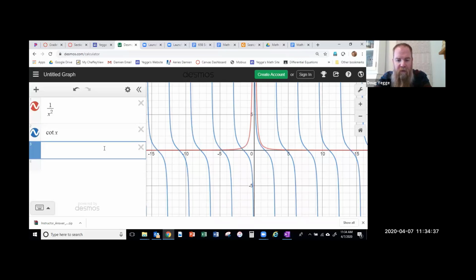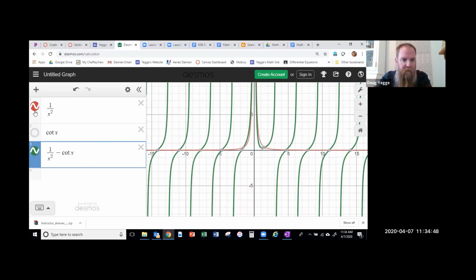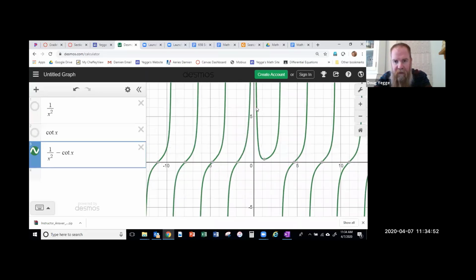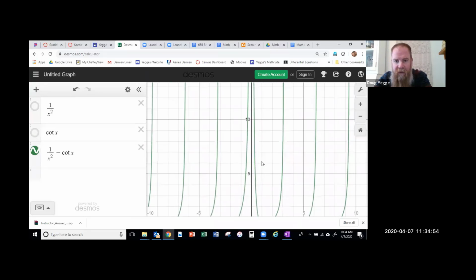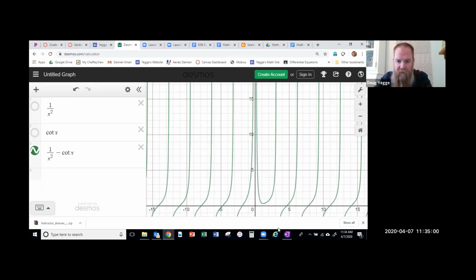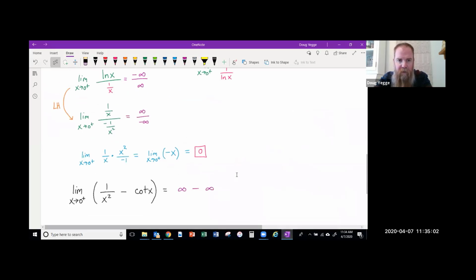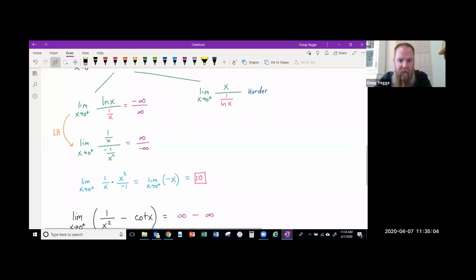And what we're trying to do is find the limit as x approaches 0 of 1 over x squared minus cotangent x. And so I can already see from the graph that it appears that the answer is also going to be infinity. But don't let that fool you. Just because you've got infinity minus infinity doesn't mean your answer is going to automatically be infinity. Just like this one up here, I took the limit and it turned out to be an answer of 0.